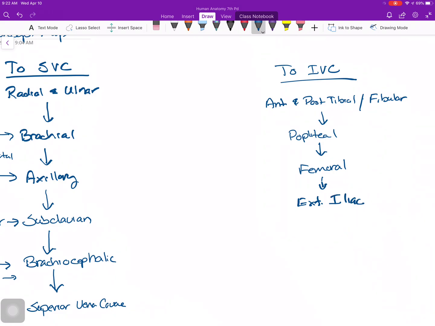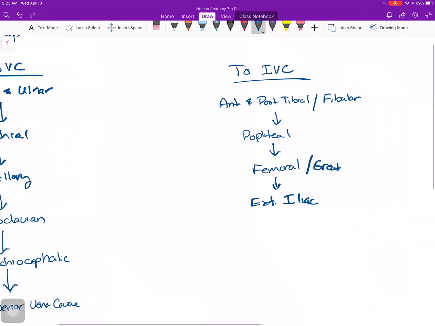Now, also coming to the external iliac, you're going to get blood from the great saphenous, the longest vein in the body. All of that is going into the external iliac. Now, from the external iliac, you go to the common iliac.